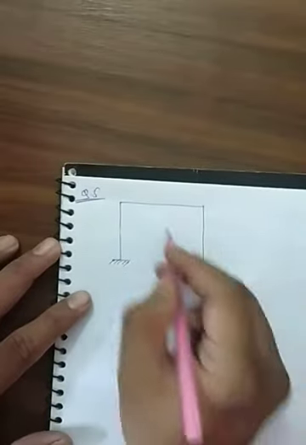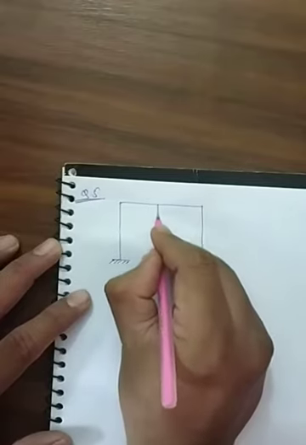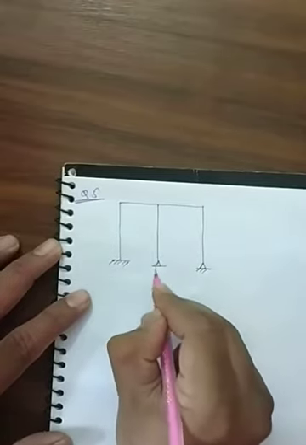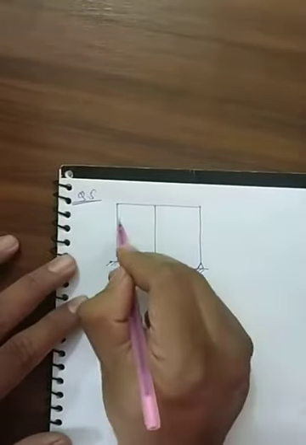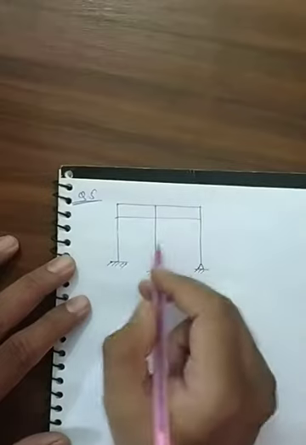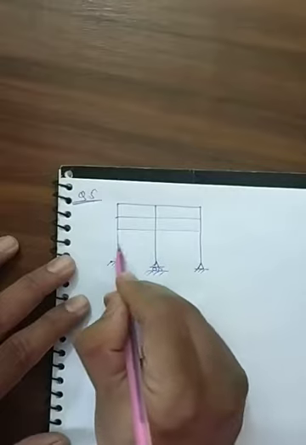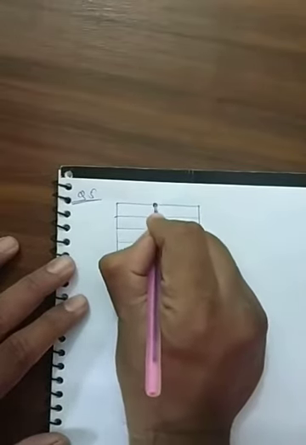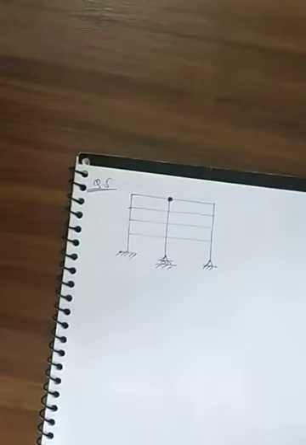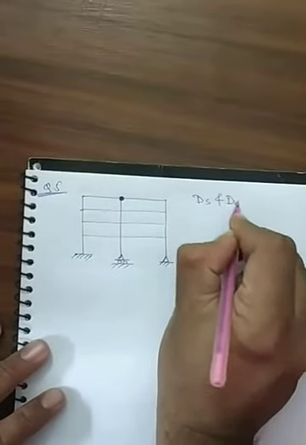Okay, this is a fixed support, and take this as a hinge support, and some other member. This is a roller support, and 1, 2, 3, and give it an internal hinge. Okay, you have to calculate ds and dk.